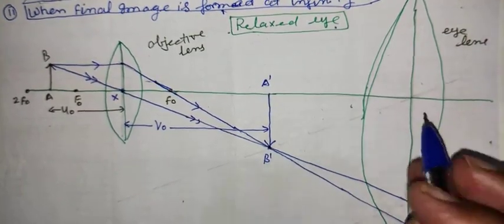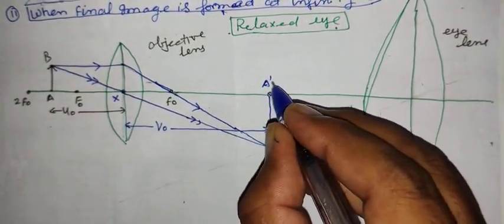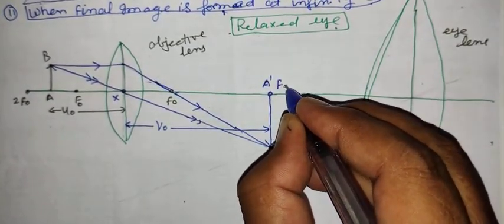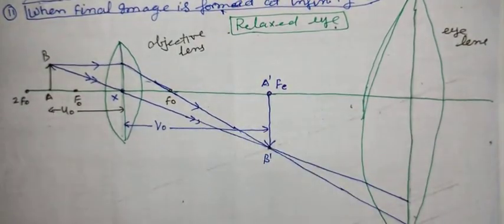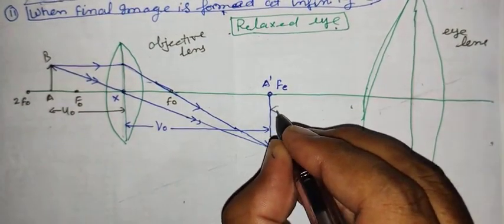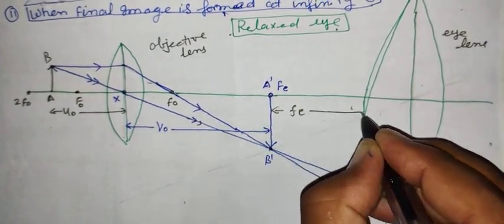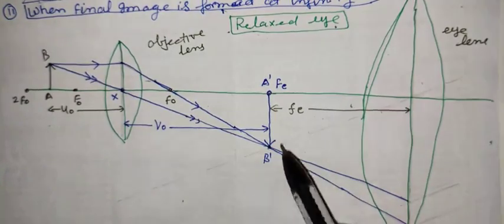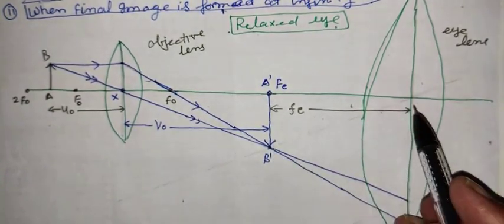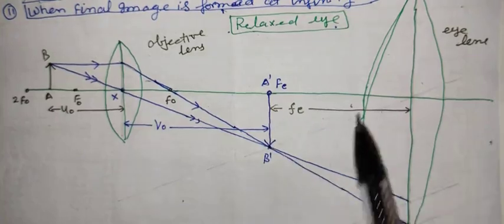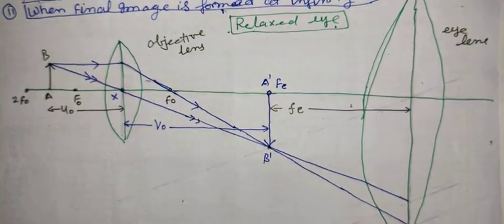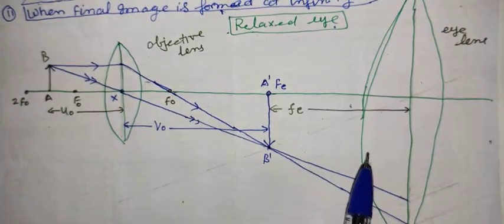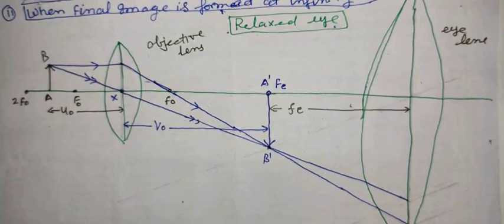So the position of the eye lens must be kept in such a way that the point A dash coincides with the focal point of the eye lens, so that this becomes the focal length Fe. It means that the object for the second lens lies at its focal point, and we know that for that the final image will be formed at infinity, right?